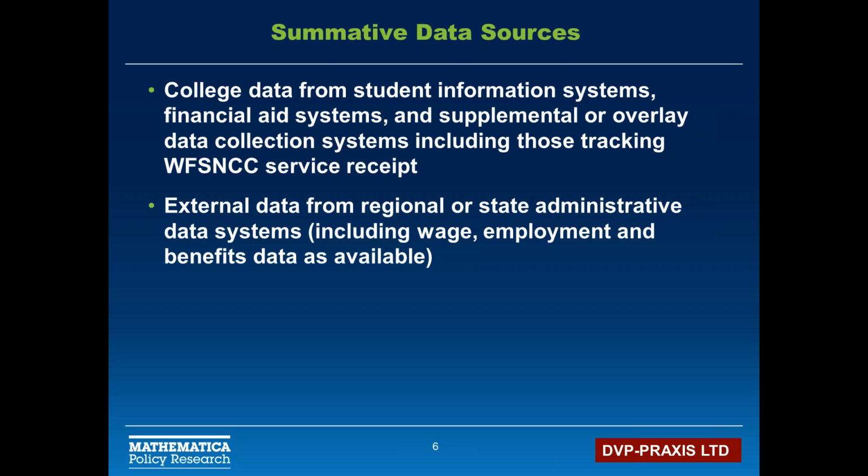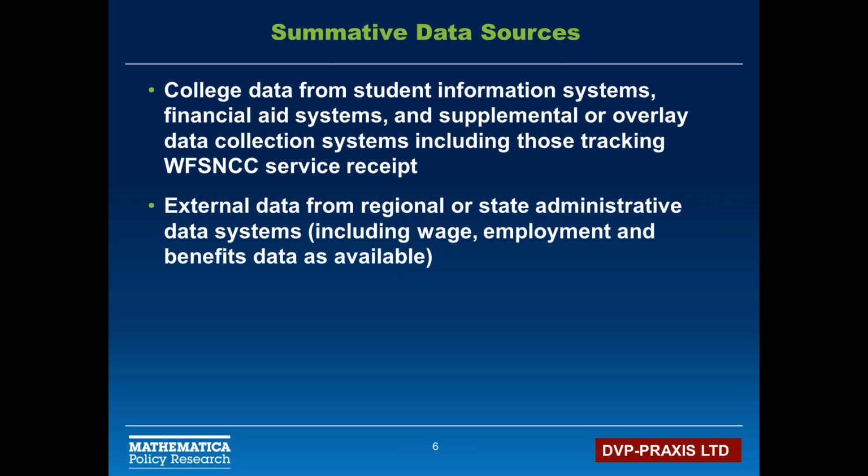And any supplemental overlay data collection systems. By this, we're really referring to those systems that colleges are using to track mostly the high-touch services that they're providing to students, but they're also using them to track some low-touch services that they're providing.